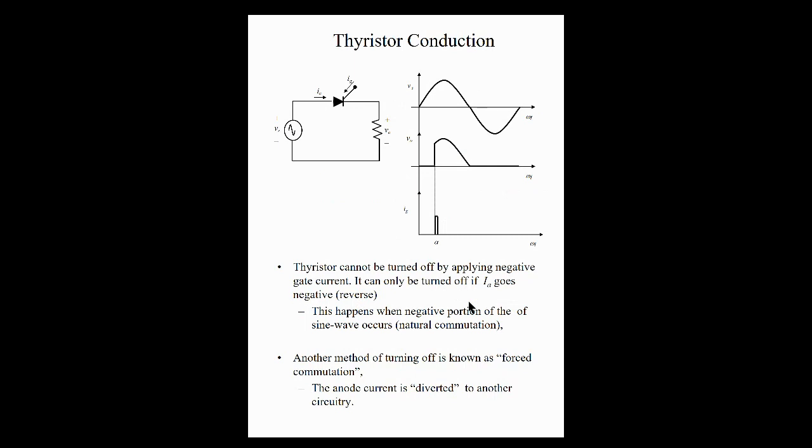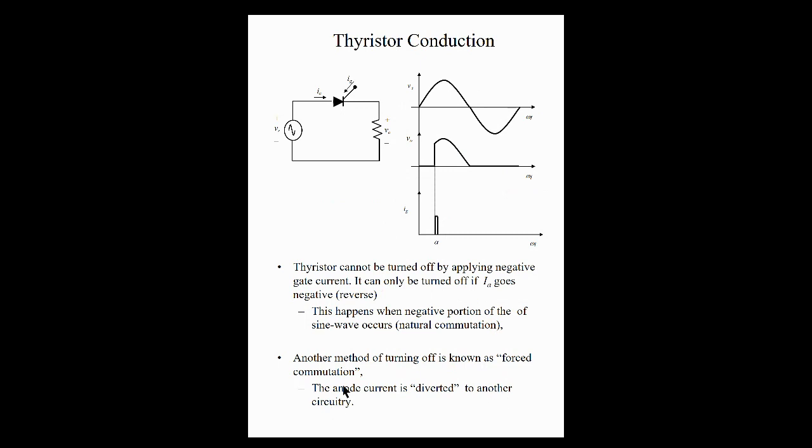All right, so I think I mentioned this part already. I'll talk about the method of commutation, natural commutation and forced commutation, right?